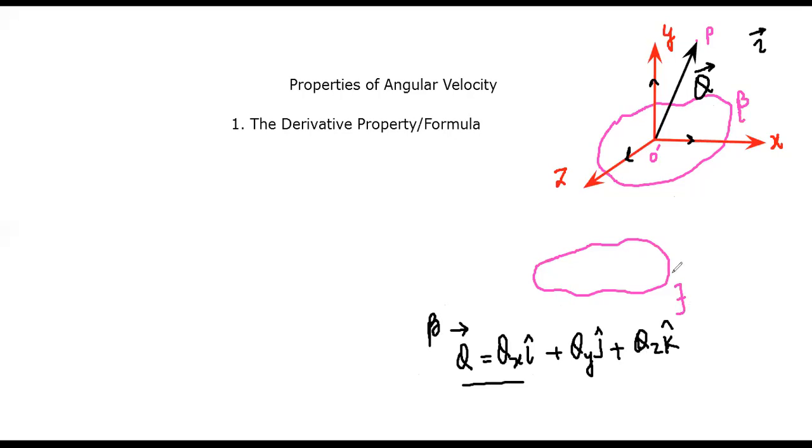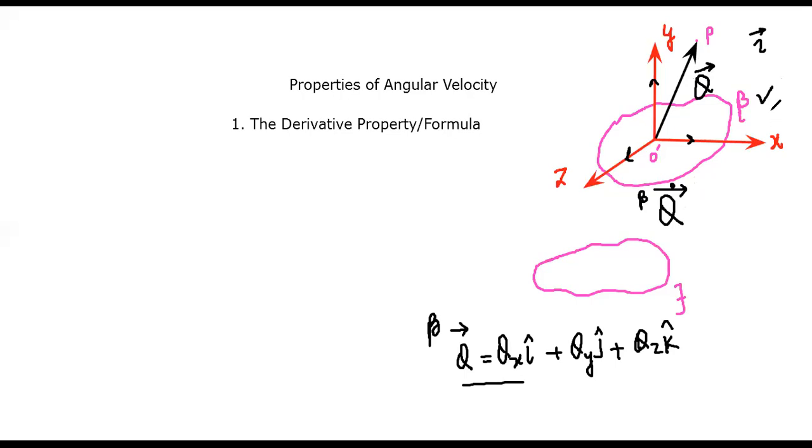It is also said to us that this vector Q can be differentiated in the beta frame of reference. We can take the derivative of the Q vector, that is Q dot, in the beta frame of reference, because this vector is defined in which frame of reference? Beta frame of reference.